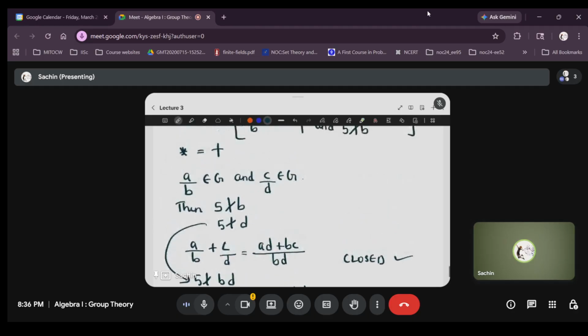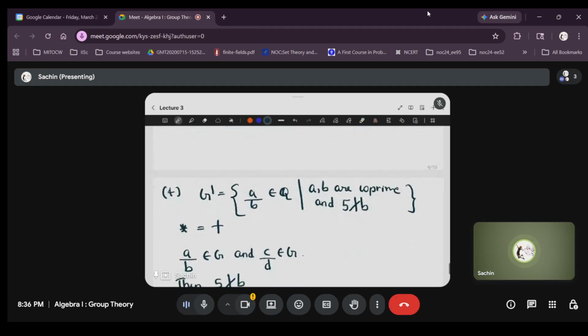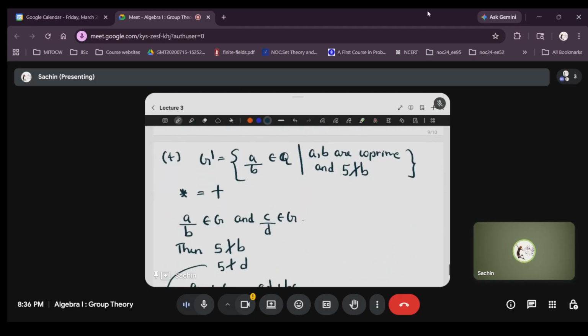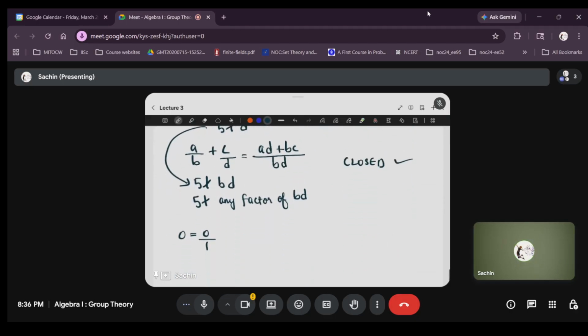And one more thing was that they had to be in lowest terms, which I have written by stating that A and B must be co-prime. Sorry, 0 and 1 are co-prime; 0 and any other number is not co-prime.